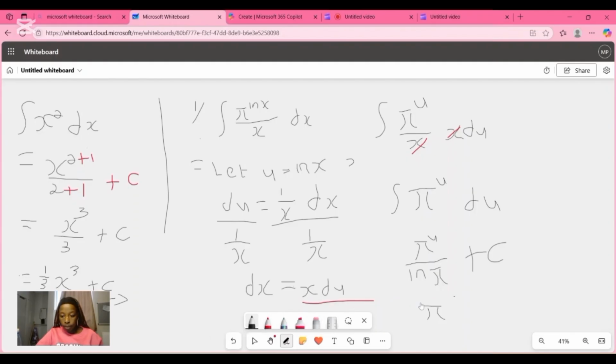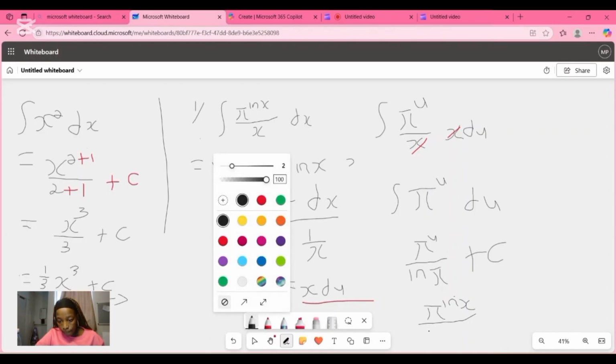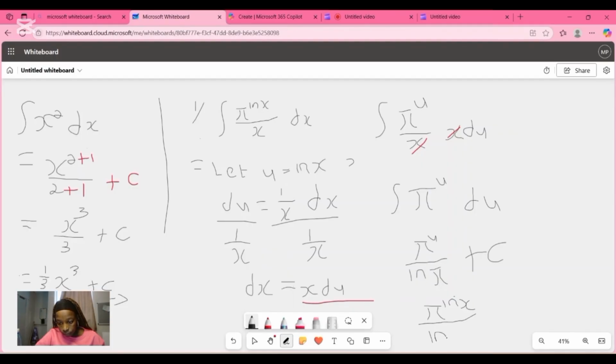Our final answer would be pi to the ln x over ln pi plus c. This is our final answer.